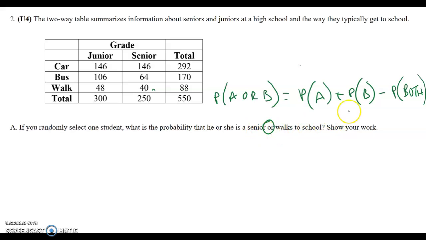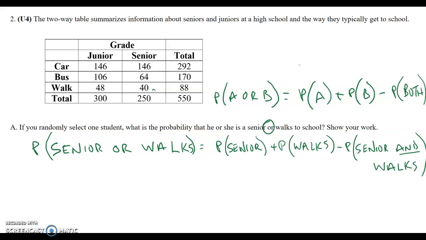So, senior or walks. Now I'm going to show you two quick approaches for this. Both will get you the right answer, and they're just slightly different. A in this case is senior, B is walk. So we want the probability that a randomly selected student is a senior or walks.